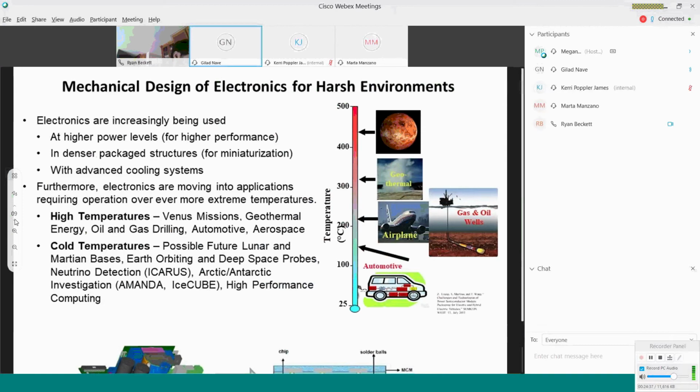They may encounter moisture if it's a rainy day. They may see differences in humidity, differences in temperature. So they need to see a particularly diverse set of environments. And that's just the simple consumer electronics that you have available to you.